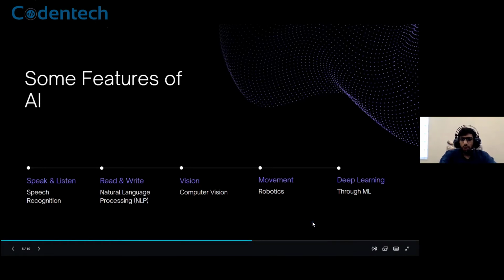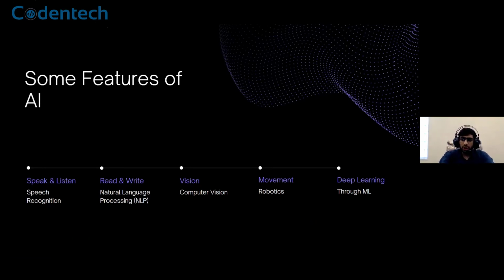So talking about deep learning, what is deep learning? Well, as we saw, AI is mimicking human behavior. So what is deep learning doing? Deep learning is mimicking or replicating the human brain.